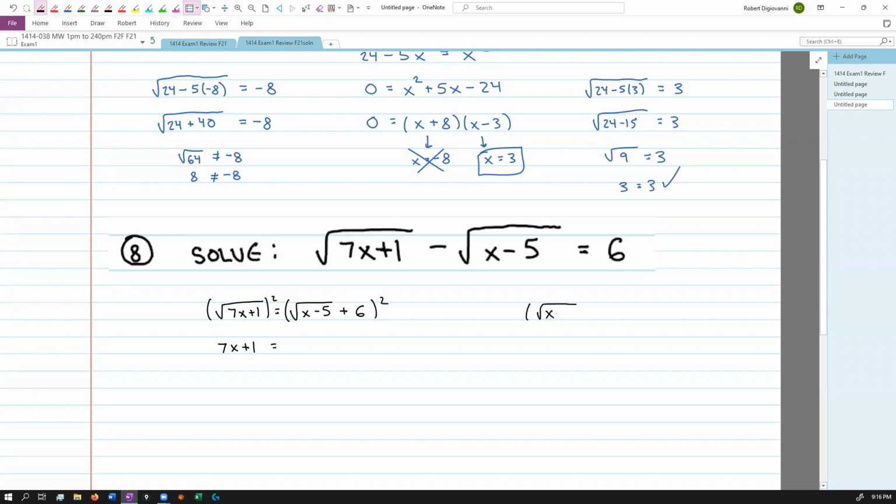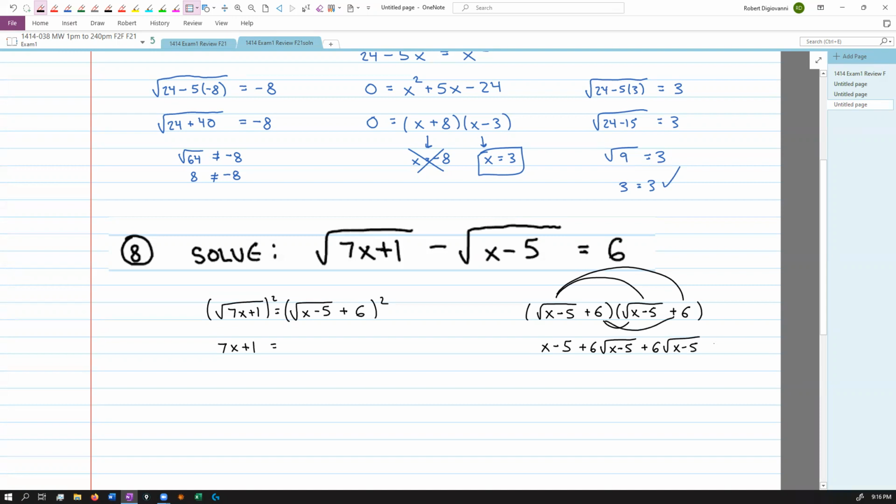That's nice. The right side sucks because we have to do square root of x minus 5 plus 6 times itself, square root of x minus 5 plus 6. So when I multiply here to here, the roots kill each other off. Here to here, I get plus 6 of those roots. Unfortunately, the middle ones don't cancel, you just get two, the same thing repeated.